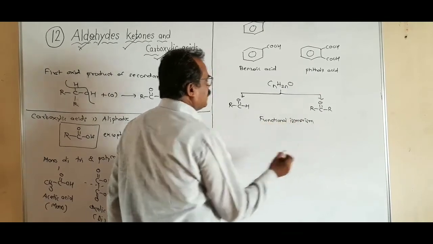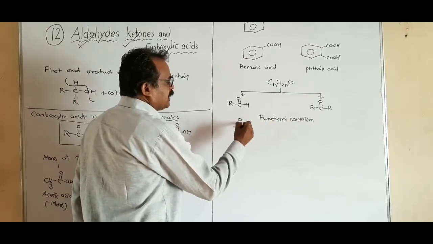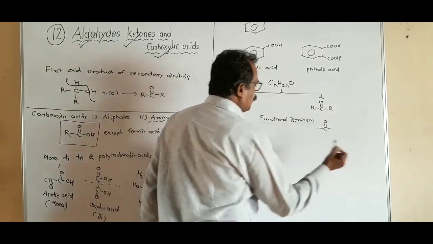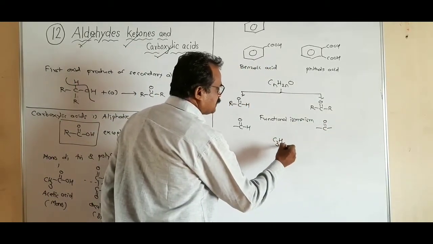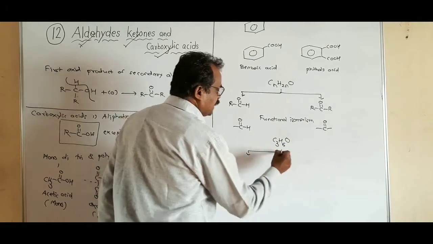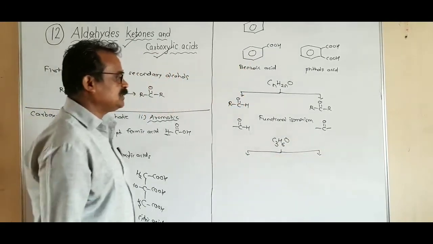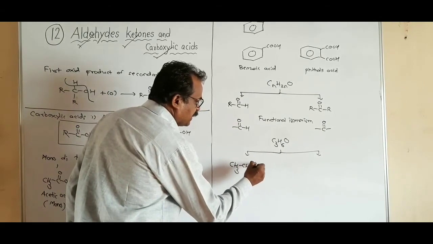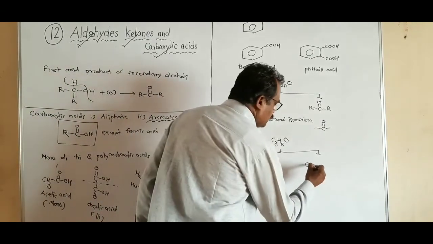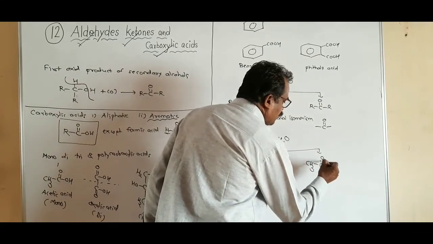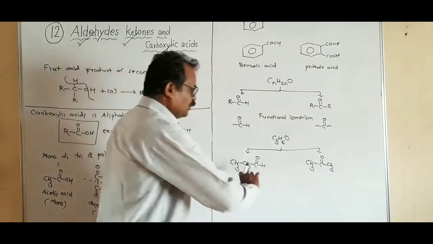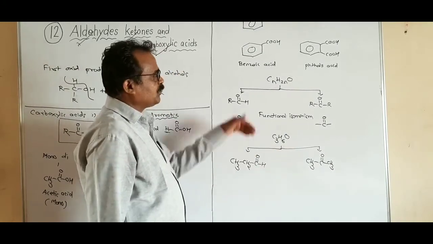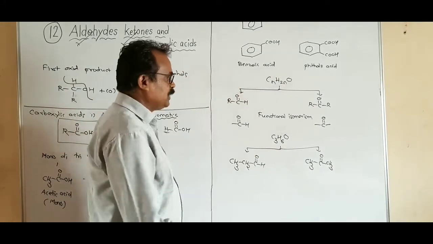Aldehyde contains the COH group as a functional group and ketone contains the CO group. Example, if we consider 3 carbon aldehyde and ketone, C3H6O, the 3 carbon aldehyde is propanaldehyde and the 3 carbon ketone is acetone or dimethyl ketone. Both have 3 carbons, but they contain different functional groups. We call this functional isomerism.